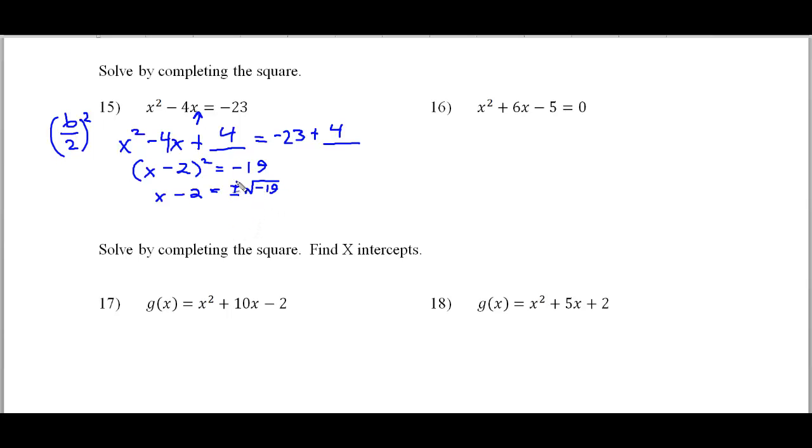Now, what we learned earlier is that the square root of a negative number is going to be i. So this becomes x minus 2 is equal to plus or minus the square root of 19 times i. Then we just move the 2 to the other side, so x is equal to 2 plus or minus the square root of 19i.